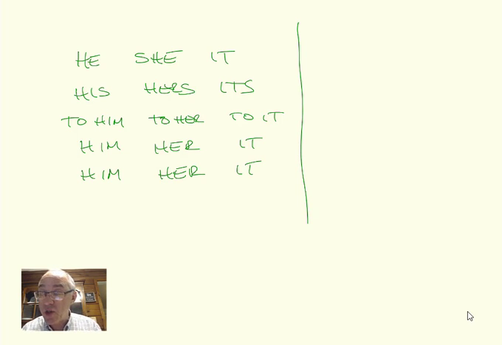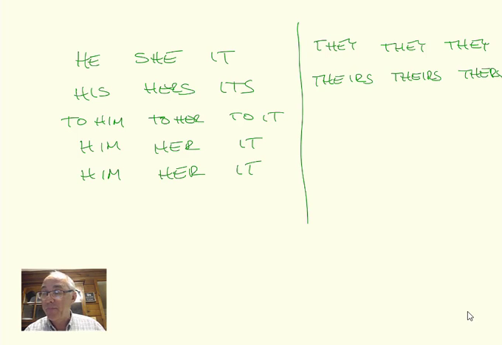In the plural, it's they. And it could be masculine, feminine, or neuter. We don't distinguish. It's all they. Theirs. I misspelled the English. To or for them.